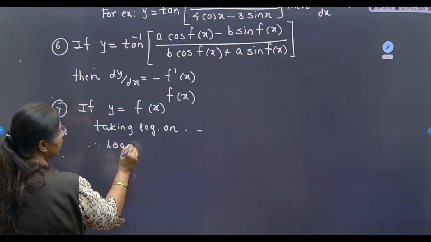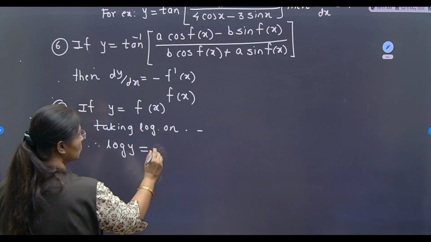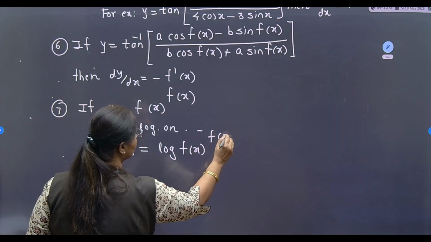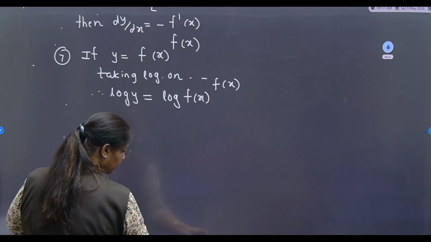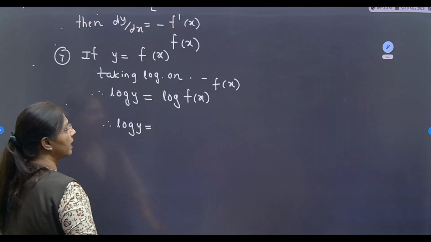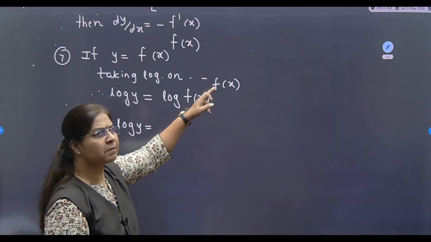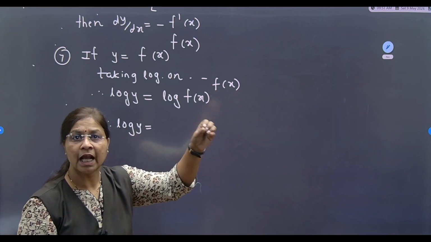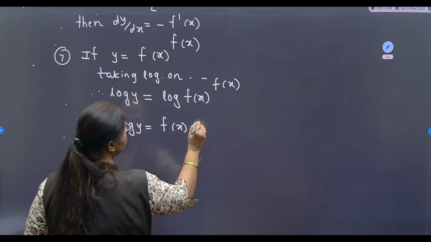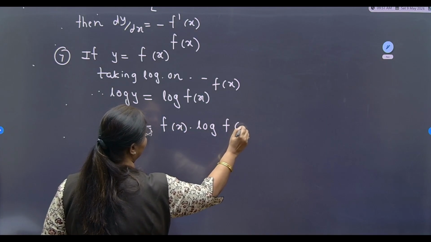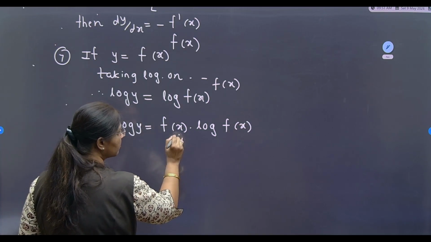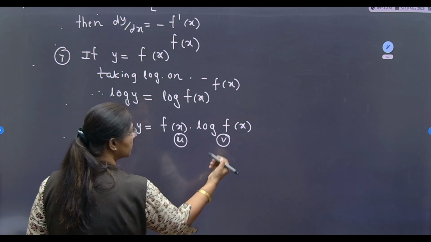Therefore we get log y = log[f(x)]^f(x). Then log y as it is, and on the right side, using log m^n = n log m, we get f(x) log f(x). Then this is our first function u and this is our second function v.